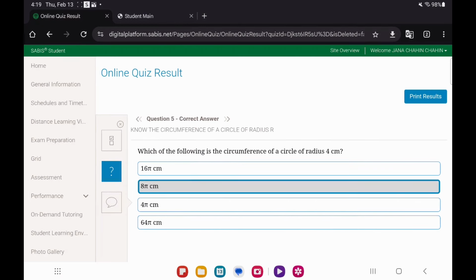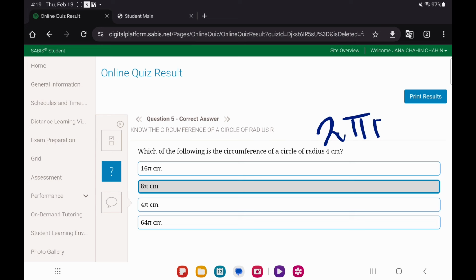Question 5. The circumference of a circle is 2 pi r.